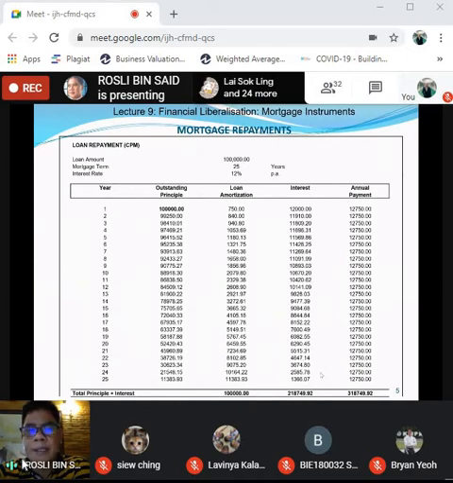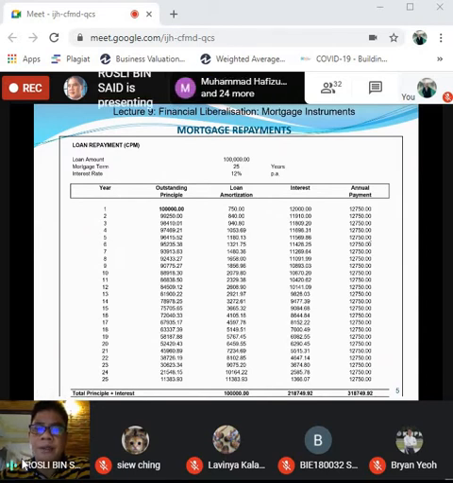But the only way is whenever we do this, like I normally do, I will transform all the figures here, instead of making it vertical like this, I change it to horizontal, because investment usually involves horizontal figures. Like this one from year 1 to 25, it turns horizontal.